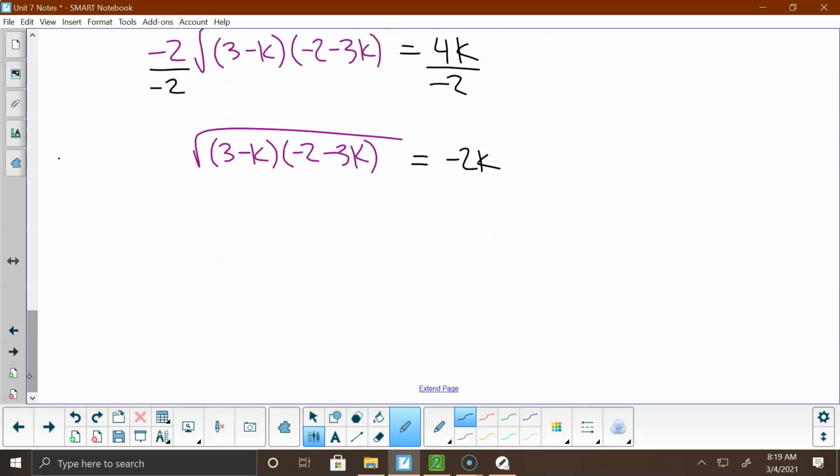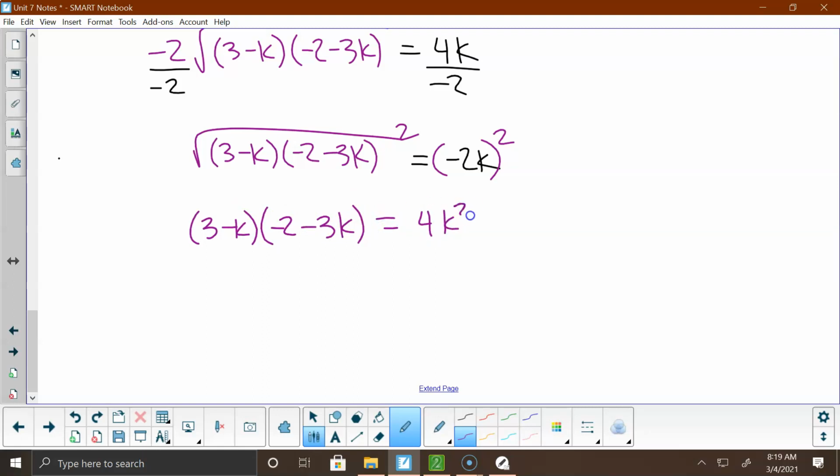How many of you are like, still, it's gross. I hate it. I don't want to do it. So it looks a little worse than you want it to, but it still doesn't mean you can't solve it. So I am left with 3 minus k, negative 2 minus 3k, equals a positive 4k squared.